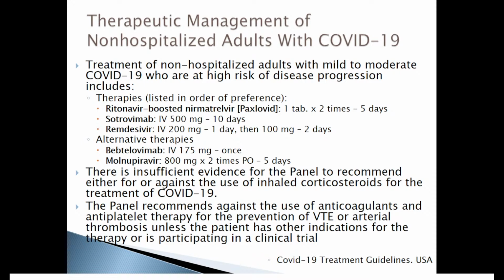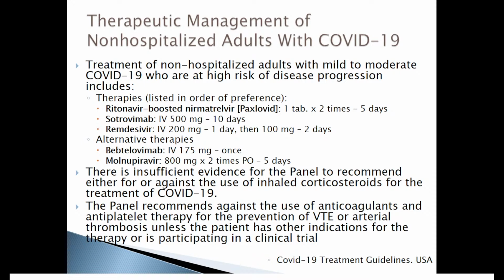Next will be remdesivir and sotrovimab, but they recommend these antiviral drugs to persons who have a high risk of disease progression. Especially it is important for sotrovimab and remdesivir because both of them are IV drugs. In Russian recommendations, all drugs are oral and possible to use for outpatients. In the United States, there are some IV drugs, and they may be used only in inpatients.